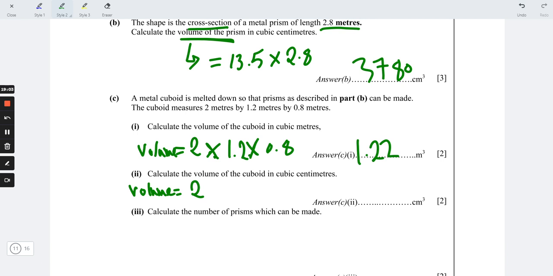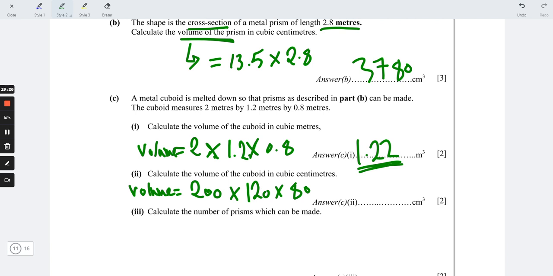So we have here 200 centimeters, times 1.2 meaning multiplying by 100, you will get 120, and here also you will get 80. So we have 3 zeros or 4 zeros, and the same answer as here.